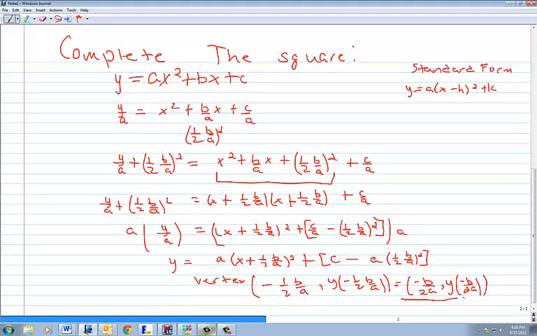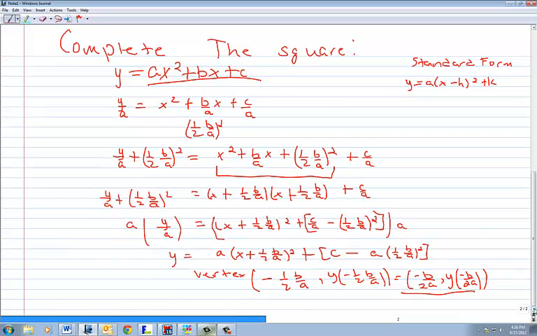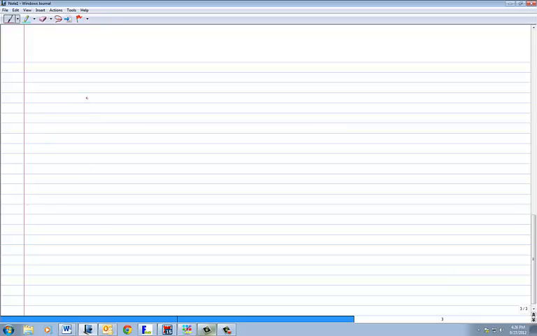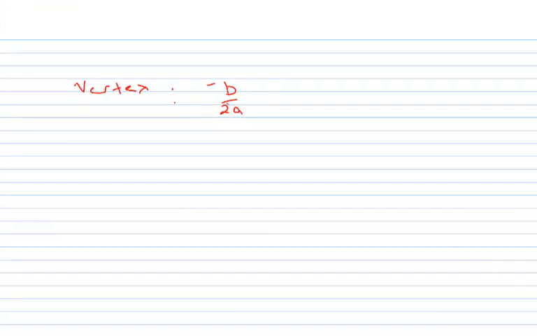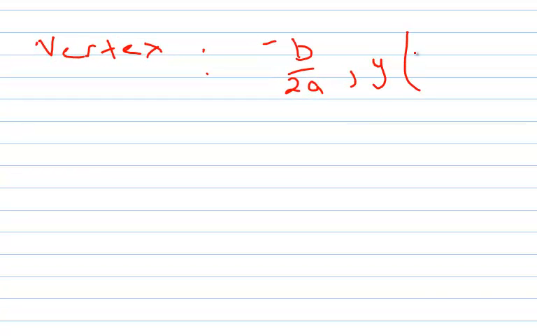Now we know what the vertex is just based on knowing the coefficients a and b from the original equation. Let me show you a quick example. The vertex is negative b over 2a, comma y of negative b over 2a.